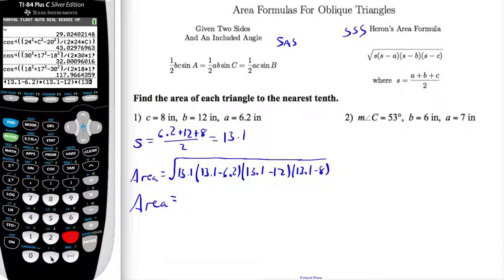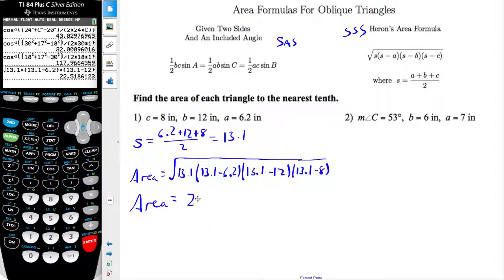We could just type it all in one step. And there we go. So area is 22.5 inches squared. Because it's area, it's unit squared.